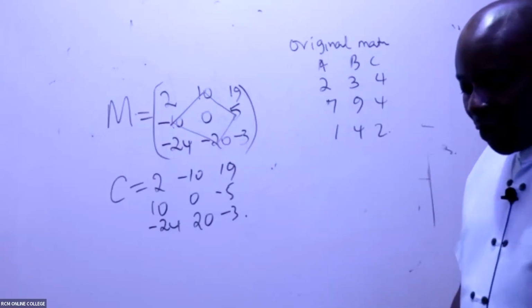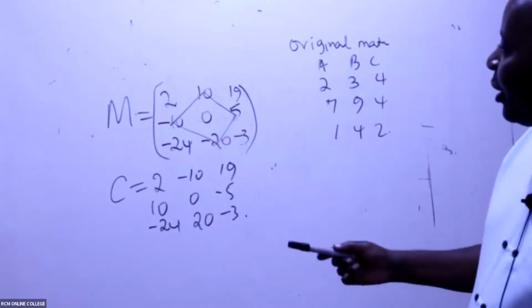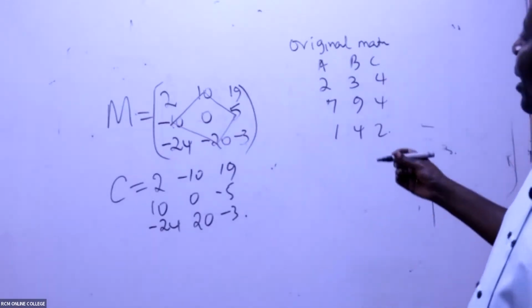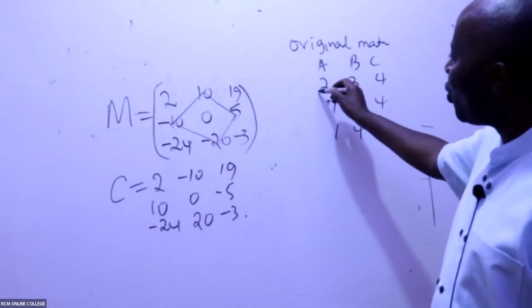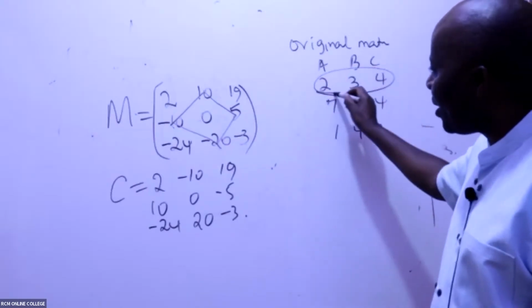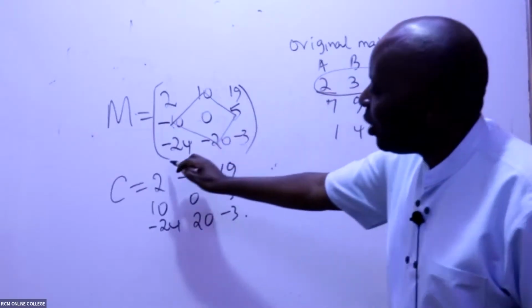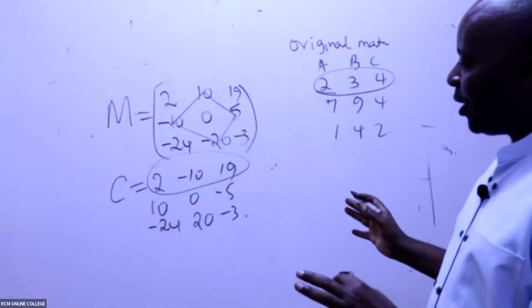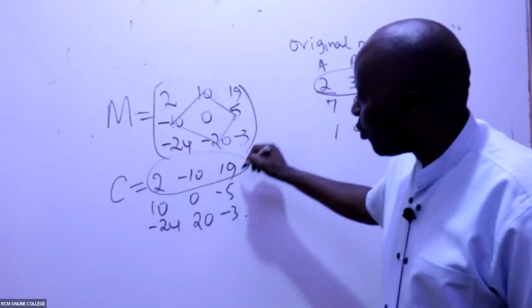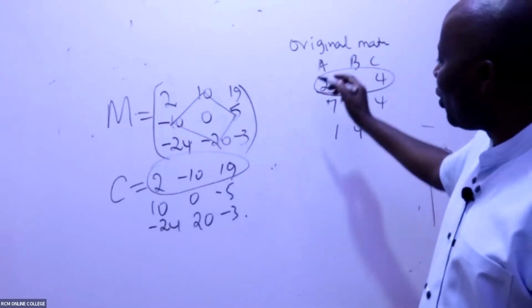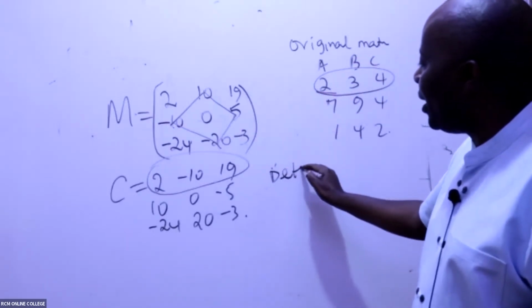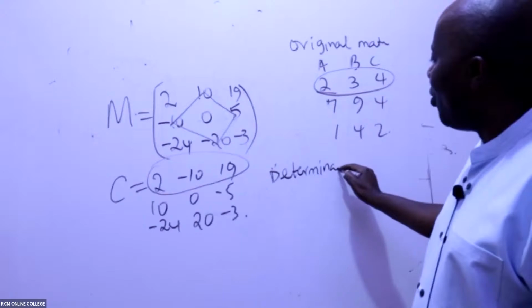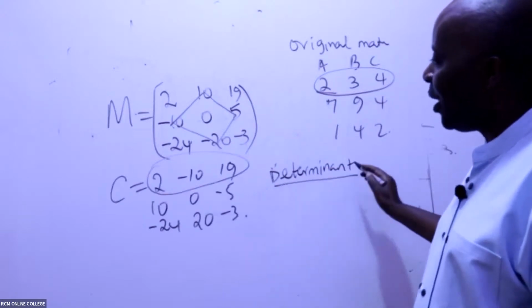If you have not done the determinant using the other method, you can easily borrow the numbers of the original matrix and the first row of the cofactor matrix. If you take the first row of cofactors and the first row of the original matrix, you can easily get the determinant. Very easy. So you combine.